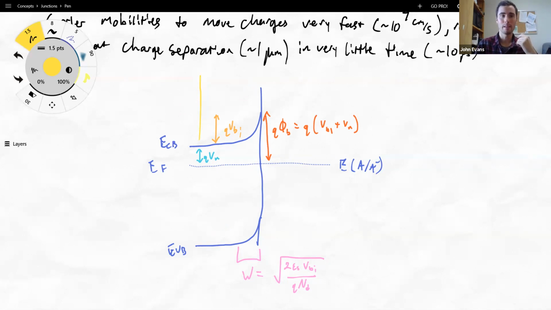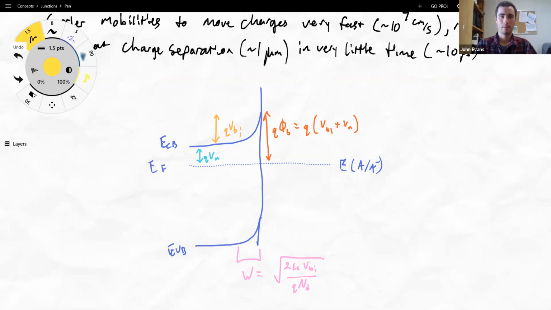It ends up being the difference between our maximum potential energy and the bulk potential. We have the difference between the bulk conduction band and the Fermi level, which is V_n, which is the same in both our original system and our final system. We have our barrier height, which is going to be phi_B, and which is equivalent to the built-in voltage plus V_n.